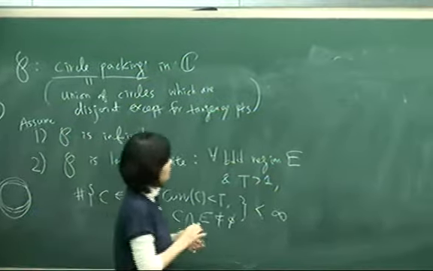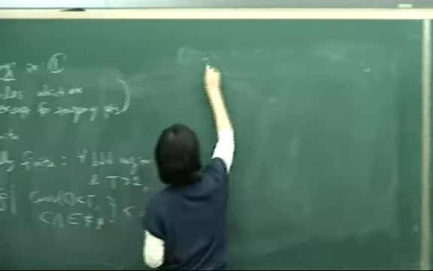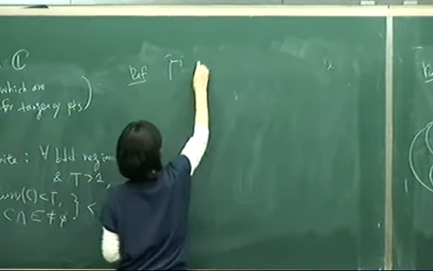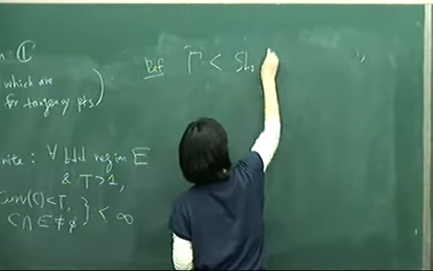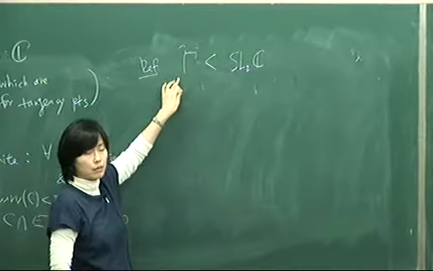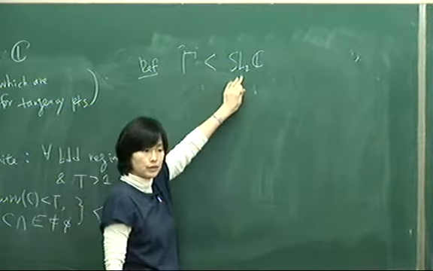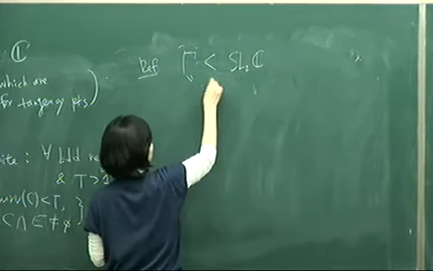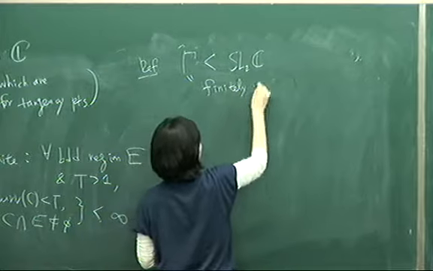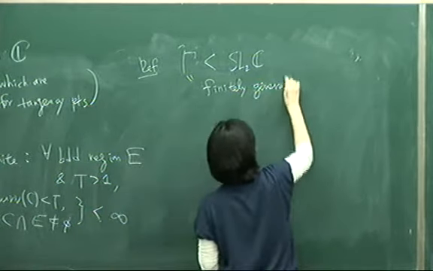I'll explain what I mean by symmetries, but for that, let me give some definitions first. Consider some subgroup of Möbius transformations. Consider gamma, a subgroup of SL2C, and suppose gamma is finitely generated and discrete.